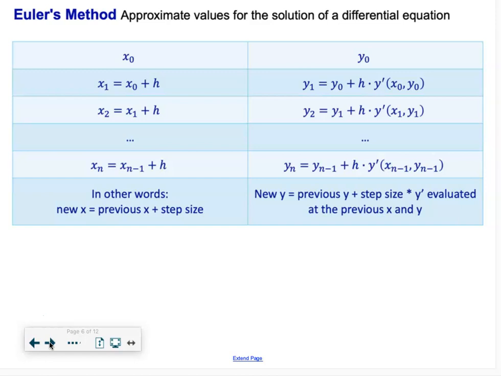So here's what you do when you do Euler's method. You have to be told how many iterations you're going to do and what step size you're going to use. Sometimes they convey that information in different ways. Sometimes they'll say, hey, go from x equals 0 to x equals 10 with 2 steps, and then you know your step size is 5, right? You go 5, 10, 2 steps.